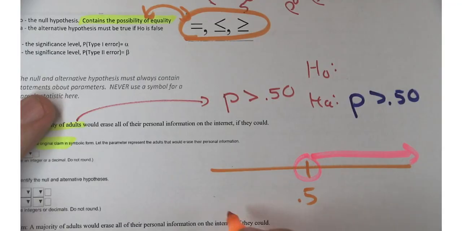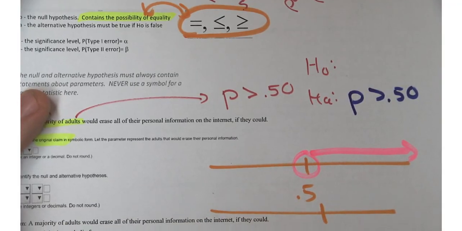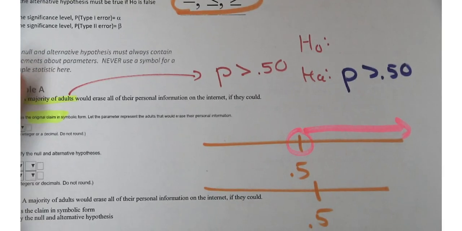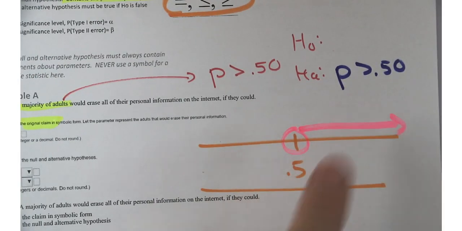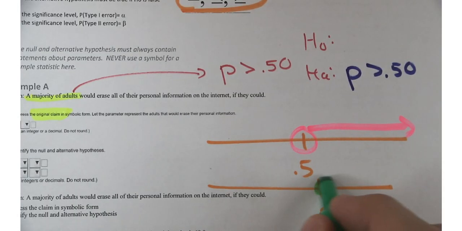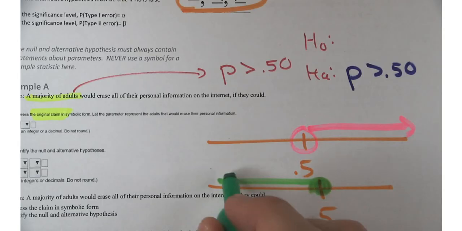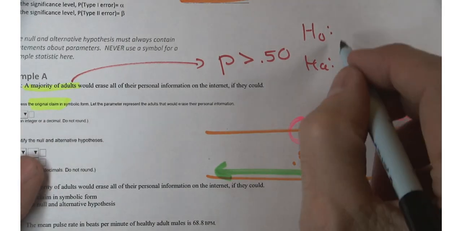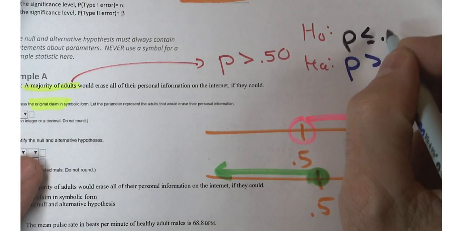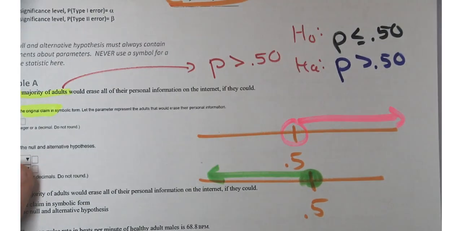So let's draw another one of these. This time, instead of a hollow dot, because we're not going to include the 0.5, this time we're going to have a solid dot. We're going to include the 0.5. It's going to be everything to the left. And the way to describe this would be p is less than or equal to 0.5. So there you go.